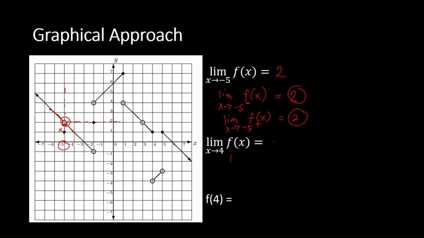So let's start with checking the limit of f of x as x approaches 4 coming from the left side. So coming from the left side, we trace first where x is 4. X is 4 is here. And then we try to trace the graph, whatever is going to be the point that it passes on the graph. So these are the points here.